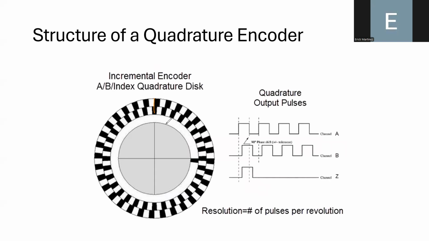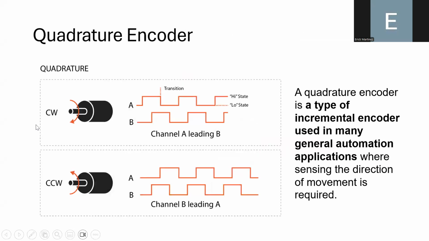The reason for using this type of architecture is that we can produce two different pulses, or two different square signals, that are out of phase by a certain amount of time or by certain degrees. With this type of encoder, we can also know the speed or the position of the shaft of the motor, but also the direction in which the motor is turning.